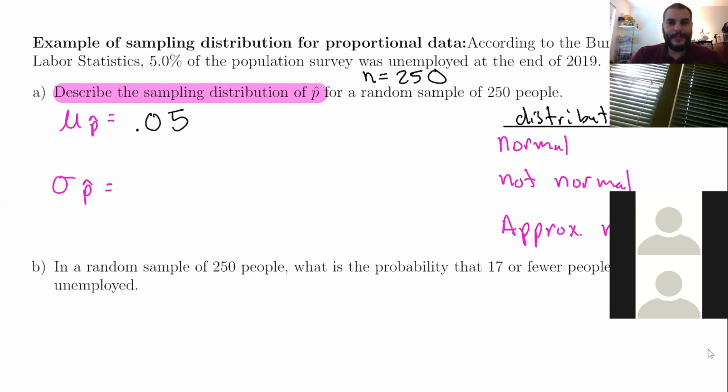Quick question. I'm just forgetting what the hat means exactly in comparison to P. All right, so pretty much we have P. P corresponds to a population proportion.